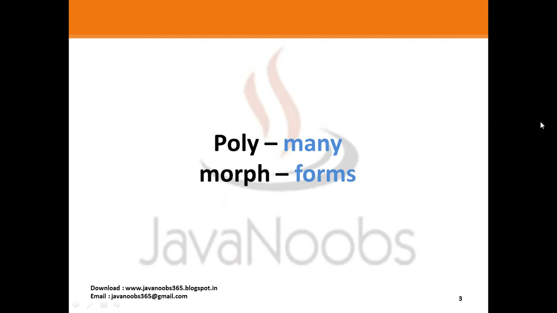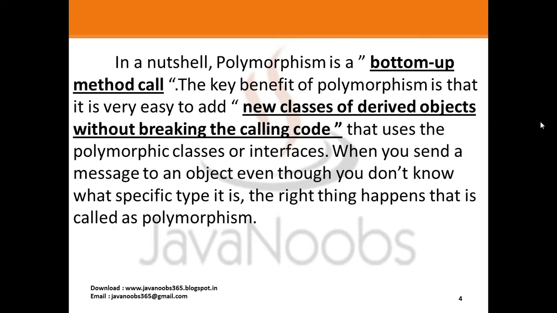To put it across in simple words, in a nutshell, polymorphism is a bottom-up method call. The key benefit of polymorphism is that it is very easy to add new classes of derived objects without breaking the calling code that uses the polymorphic classes or interfaces.